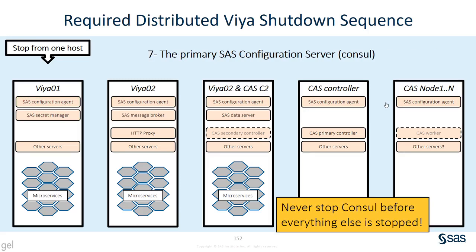And again, the big rule here is please, please do not stop console before everything else. And the reason, again, is that console maintains registrations of where your services are located. So if it shuts down and it still thinks your service is up and running, and it still thinks it's on port 8740, it's going to try to connect to that next time, and it's not going to work.